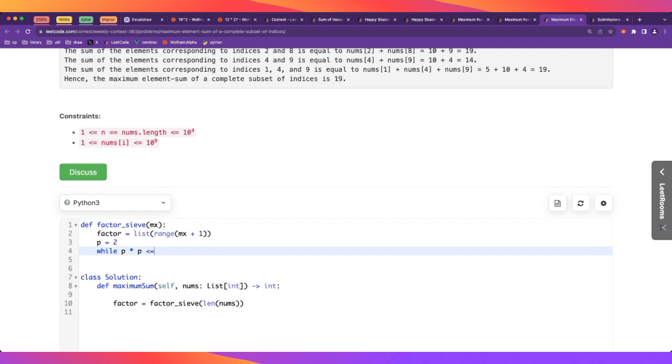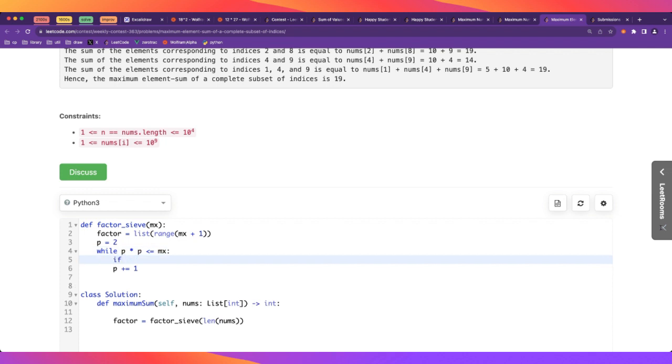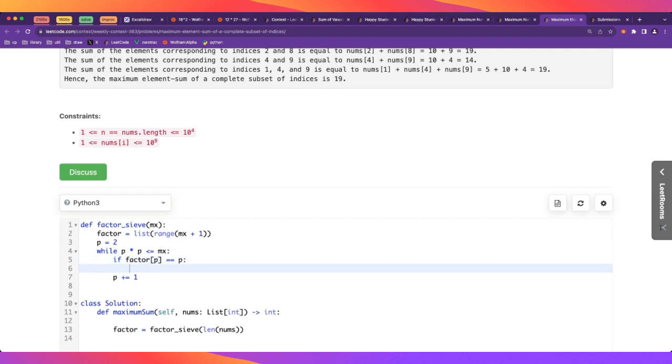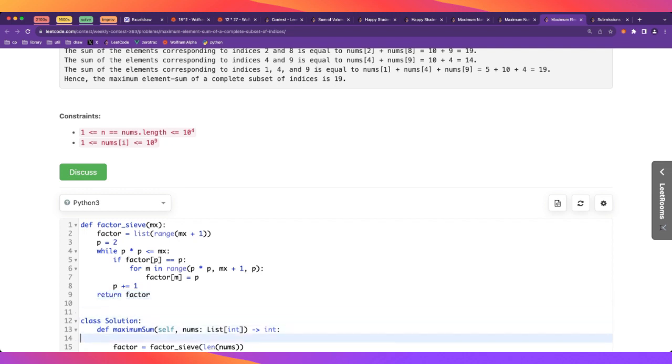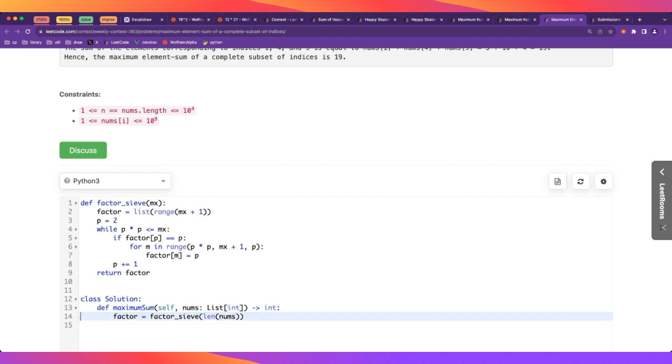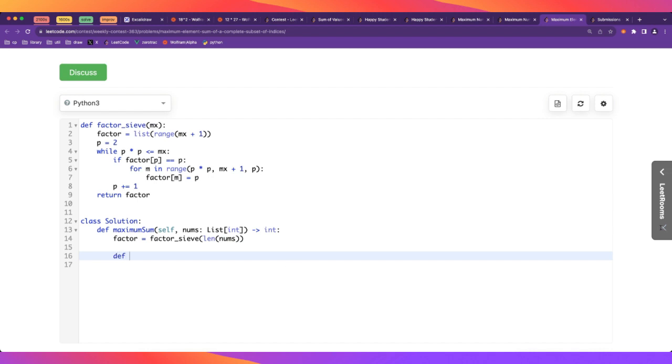So this is the standard: if the factor of p is p itself, it means that p is a prime, and so we go over all the multiples of p, and we set their factor as p, right? All right, so this is going to give us our factoring sieve, and then we can factorize a number.